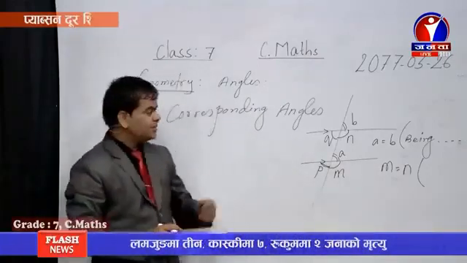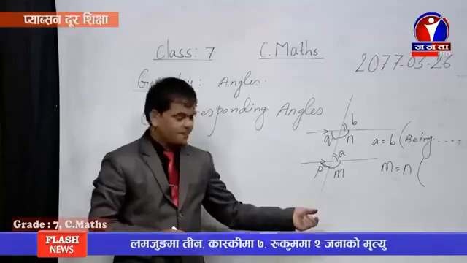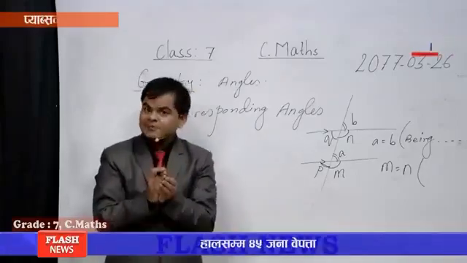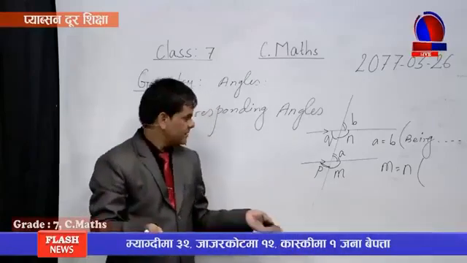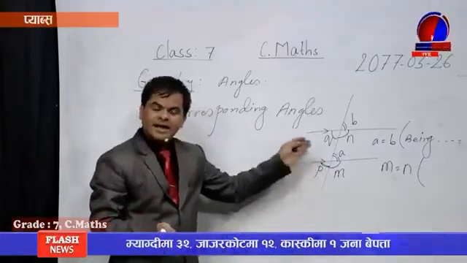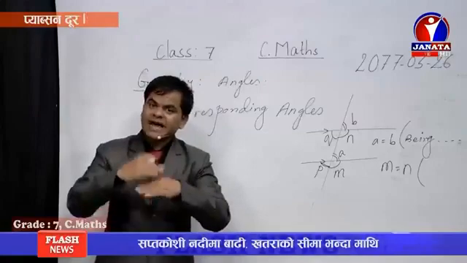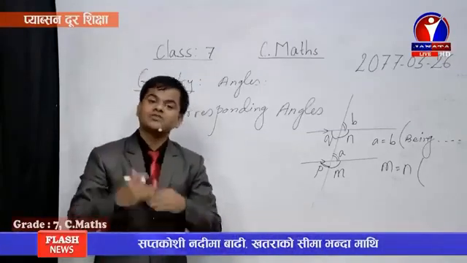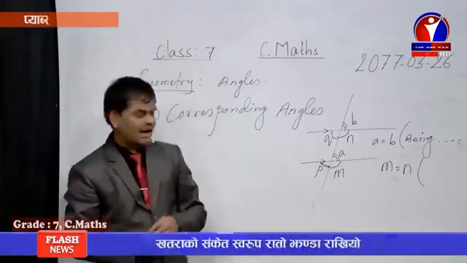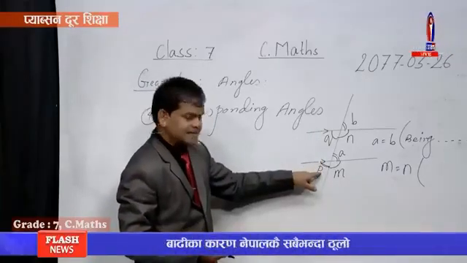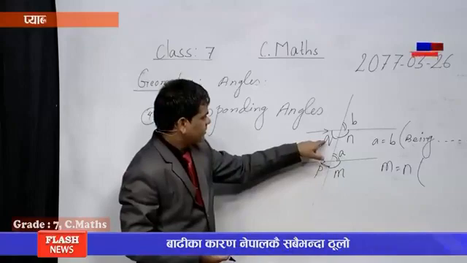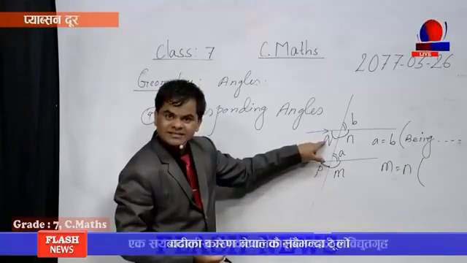That means to be corresponding, what we have learned is: from the hand side point of view, both should be on the same hand side, but from the parallel line point of view, one should be inside, another should be outside. P is outside, Q is inside.